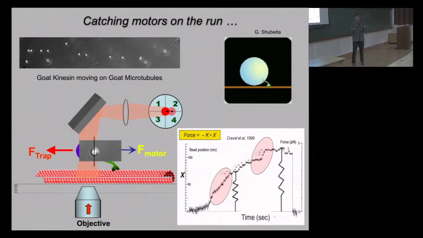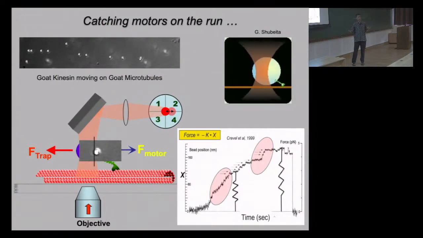The restoring force is proportional to this displacement x, because it's like a linear harmonic spring. So that's why I've shown this spring. If you have gone this far, then you have stretched the spring so much, and the force is the spring constant, which I will come to in a minute, times this distance. But if you have gone here, then you are exerting more force. You have stretched the spring more, right?